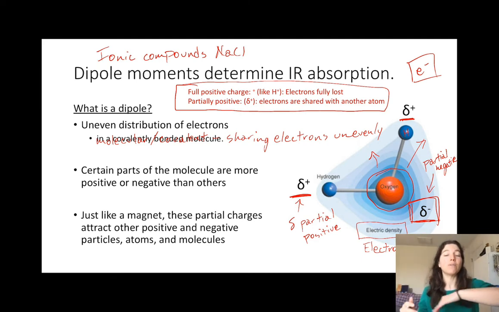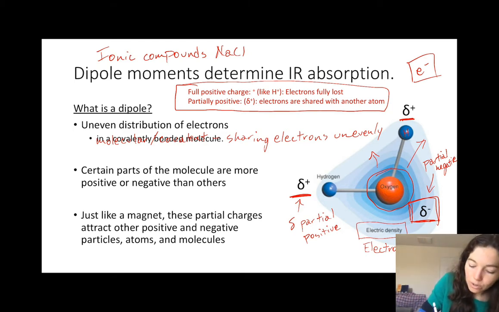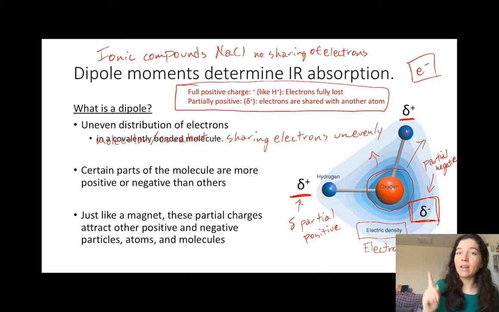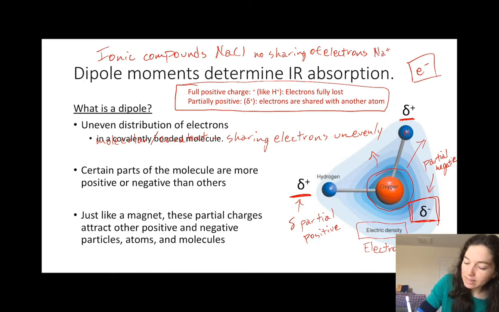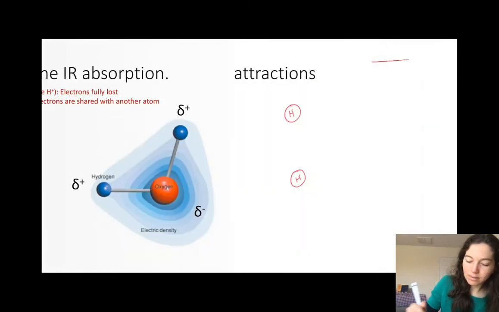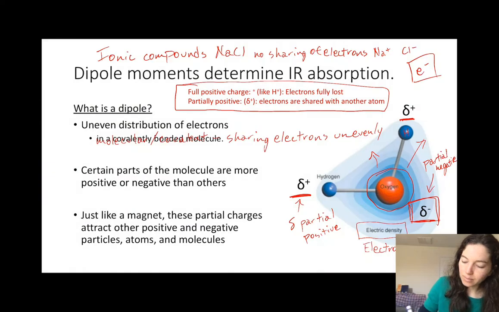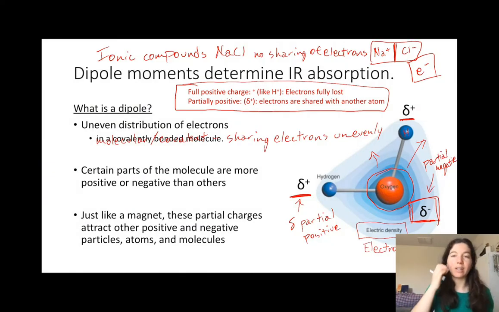An electron fully transfers from one atom to the other. Electrons are not shared. No sharing of electrons. What's actually happening is an electron is fully transferred from one atom to the other. So we end up with Na plus and Cl minus. That is a full charge separation. That is a full charge.